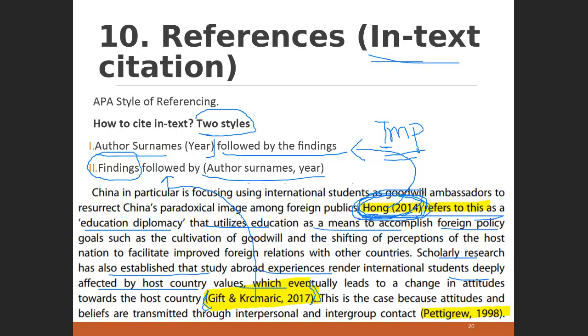When the finding is not that important but still relevant, the author name and year are written at the end of the finding, in the bracket. This is something which I noticed in your previous assignments as well. Please rectify this mistake in your final research report.